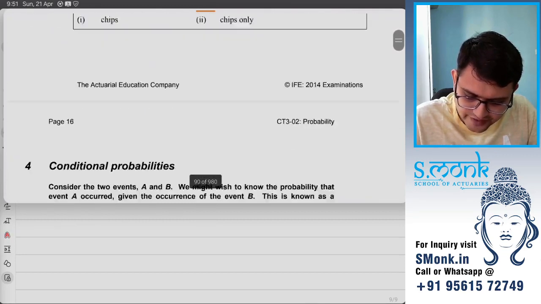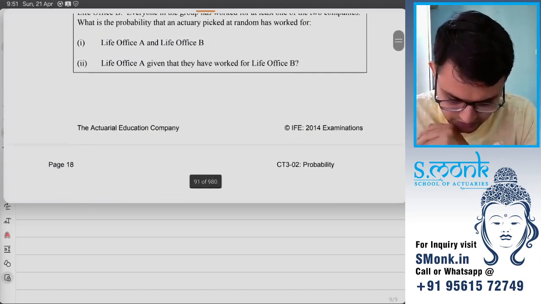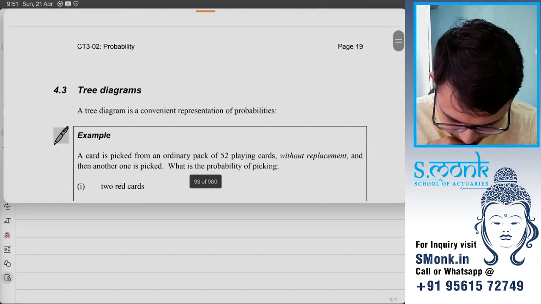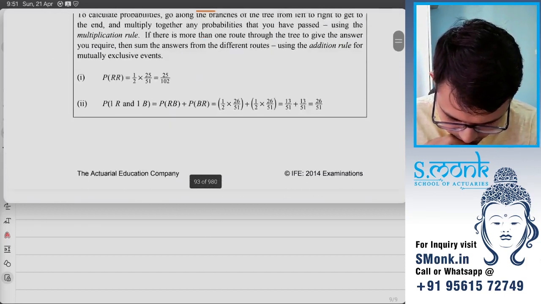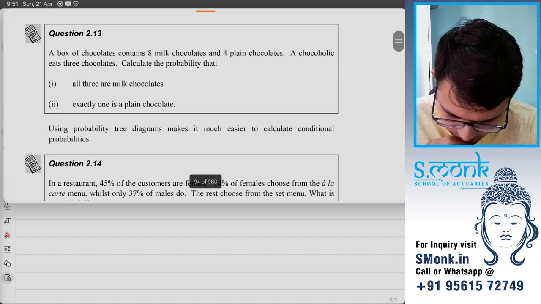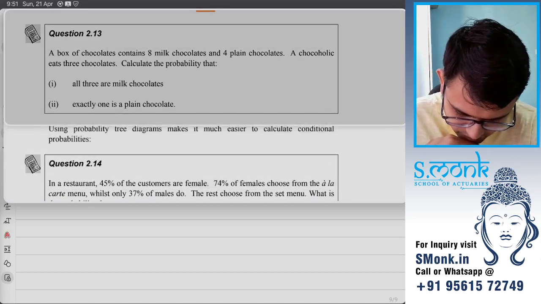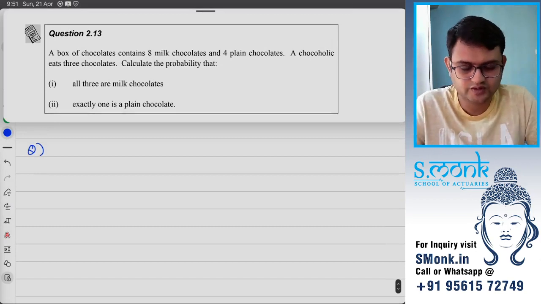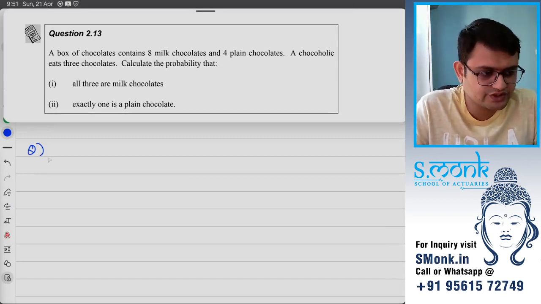Okay, I think they have directly given conditional independent. Yeah. So this is the question.